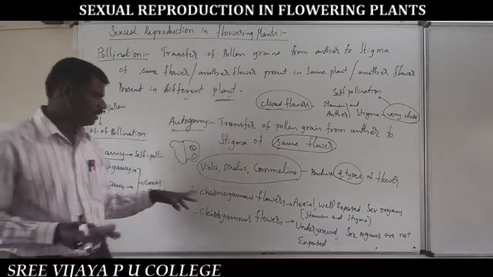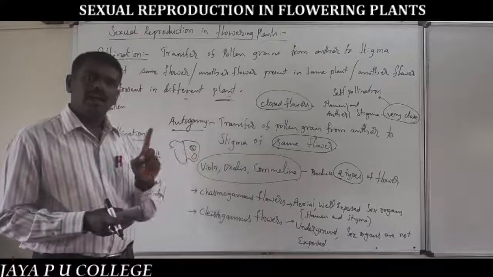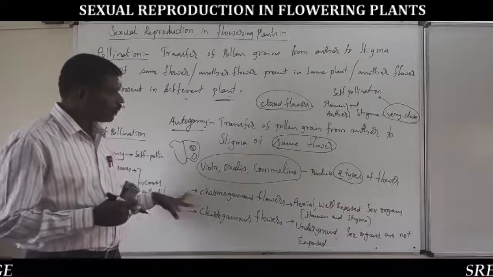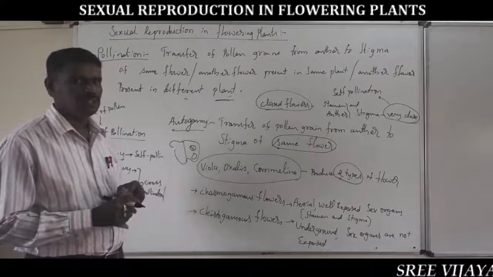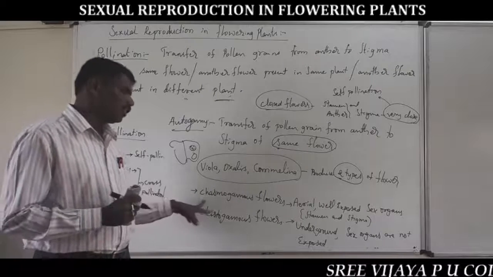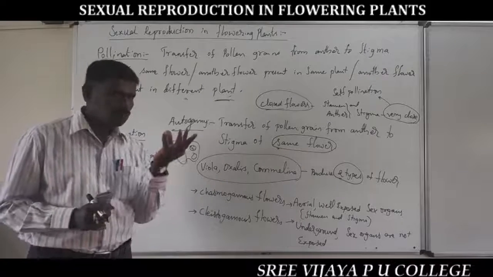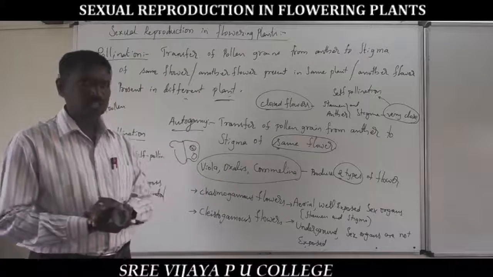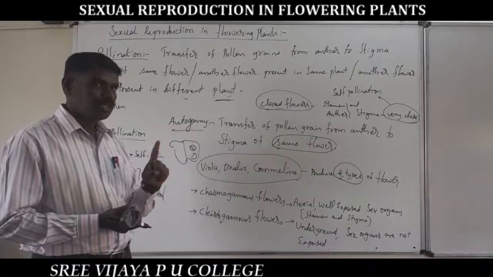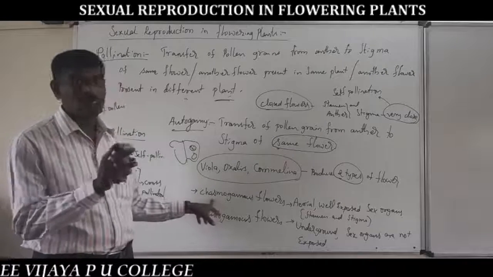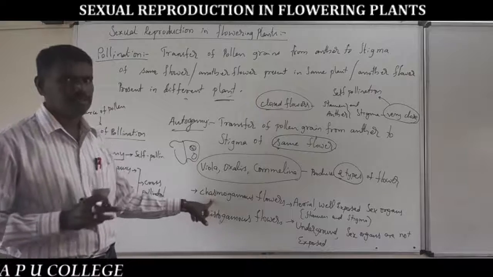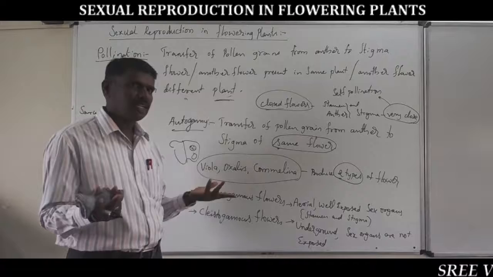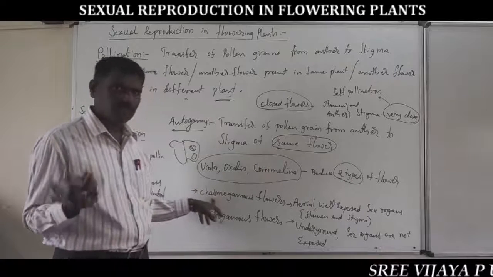In autogamy, certain plants produce two types of flowers. Don't confuse them. Chasmogamous flowers have well exposed sex organs and are aerial, and they may also be bisexual, not only unisexual. In certain plants, the chasmogamous flowers are even bisexual.